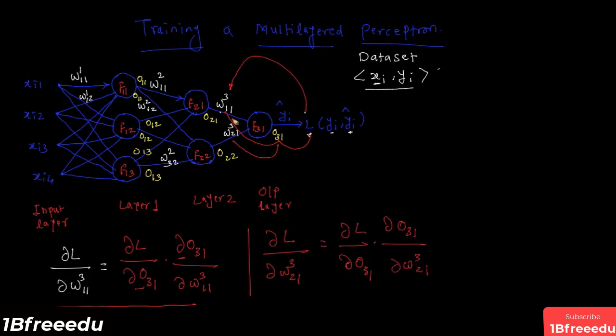So that is how I can compute the derivatives in this layer. Now let us see how to compute the derivatives in this second layer, right? So let me again have some space here.